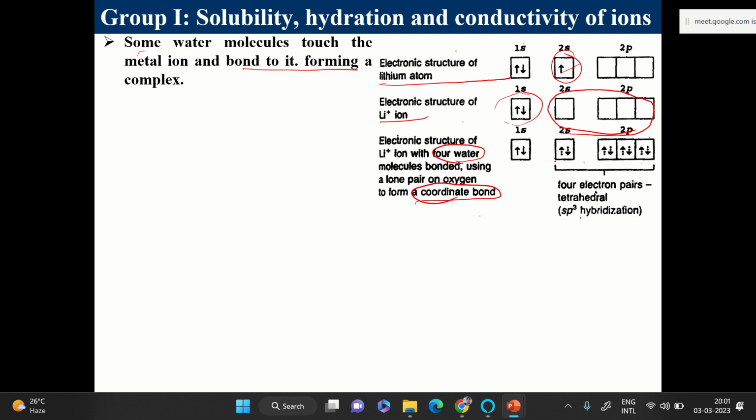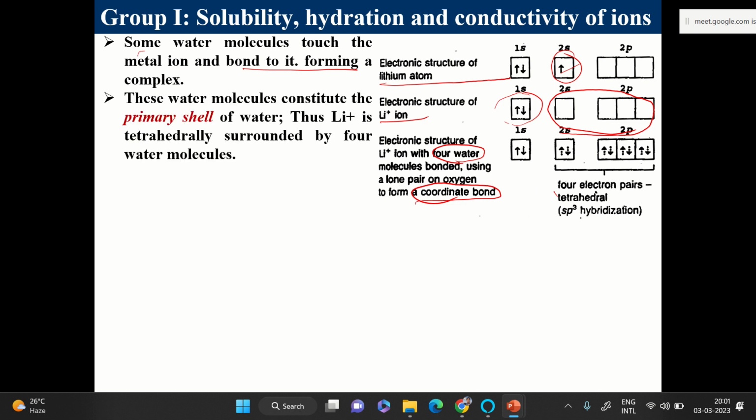So there are four water molecules which are strongly bound to the lithium plus, and this is how it is explained.